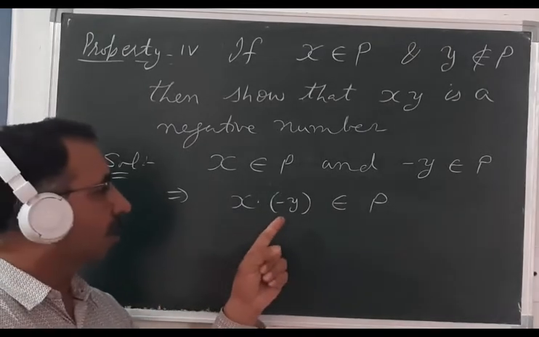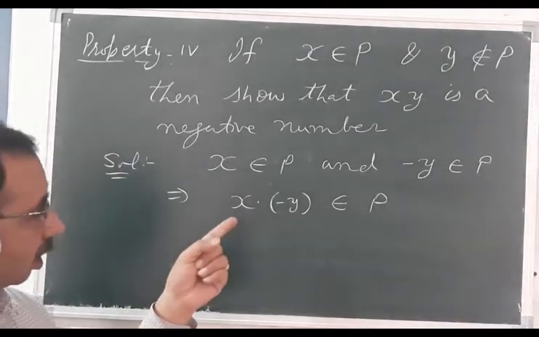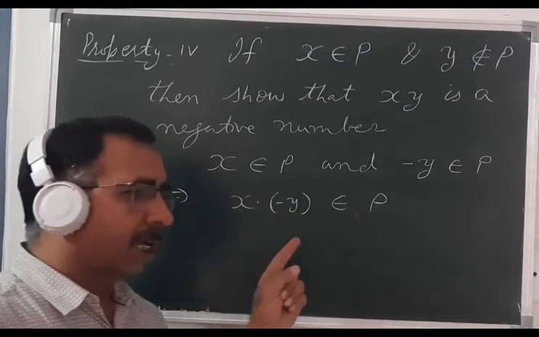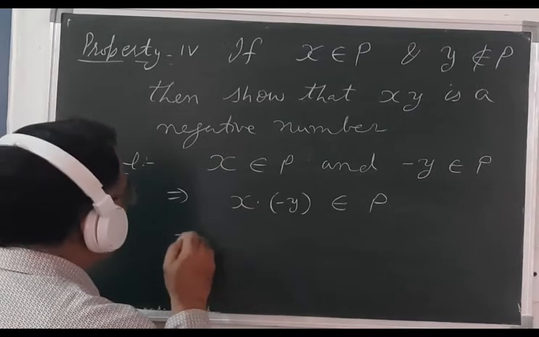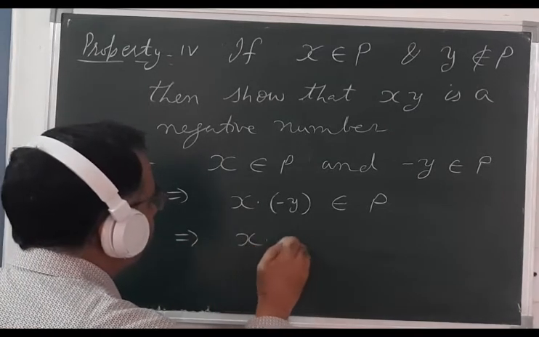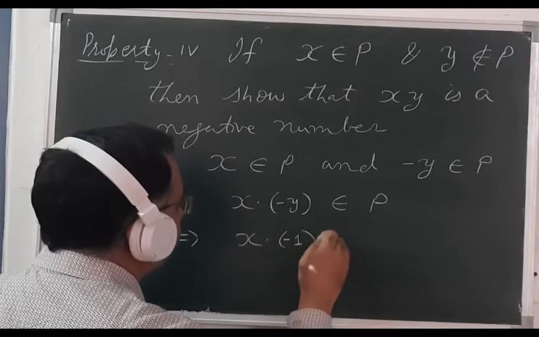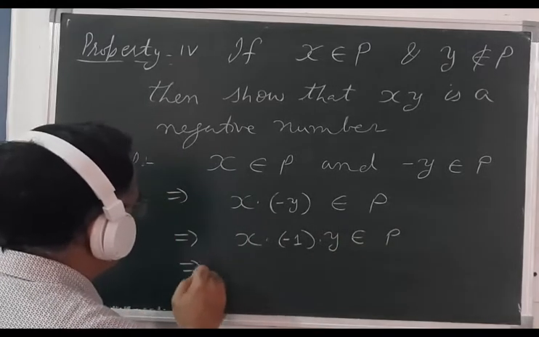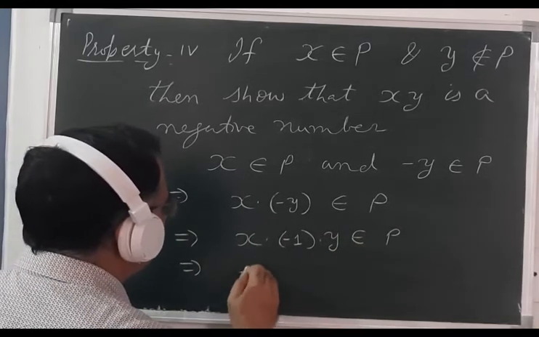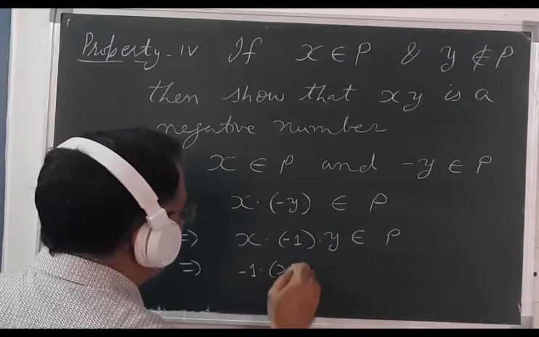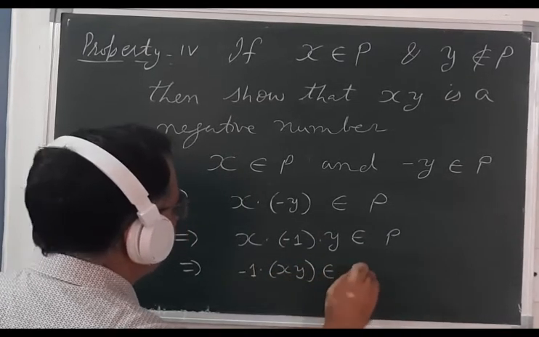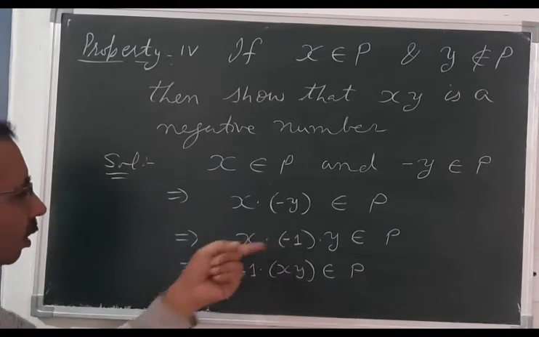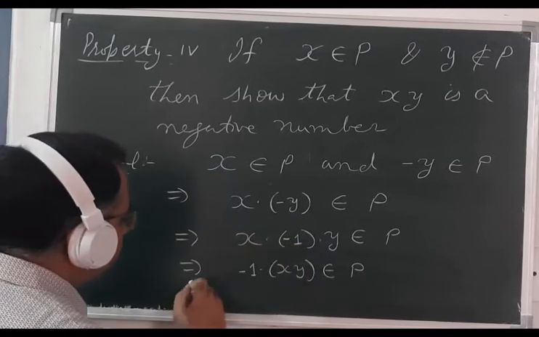And yesterday I have proved that the additive inverse of any number can be written as minus 1 times that number. So this can be written as x into minus 1 into y belongs to P, and this further can be written as minus 1 into xy belongs to P, because real numbers are commutative under multiplication, so these I have computed.